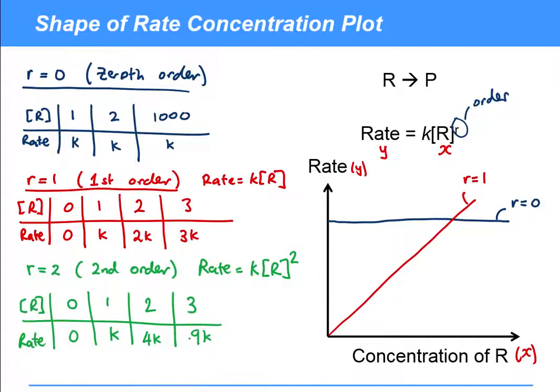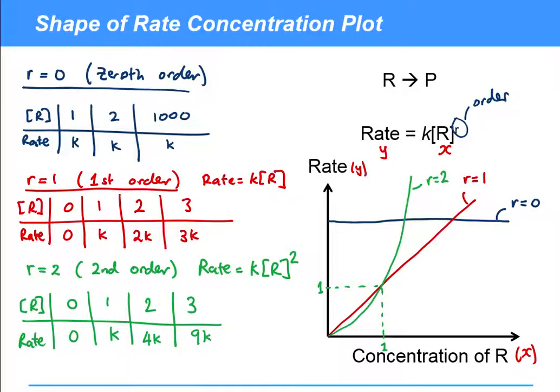So we're going to have a curved graph here. So it's going to start off being a little bit slower, and then it's going to go up like that. So this point here might have been when the reactant concentration was 1, in which case these are equal, but this is rapidly going to overtake. So this is r equals 2.